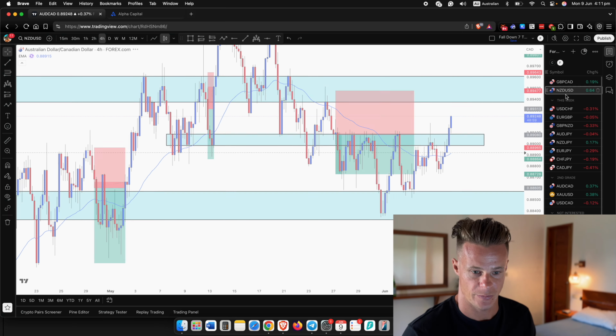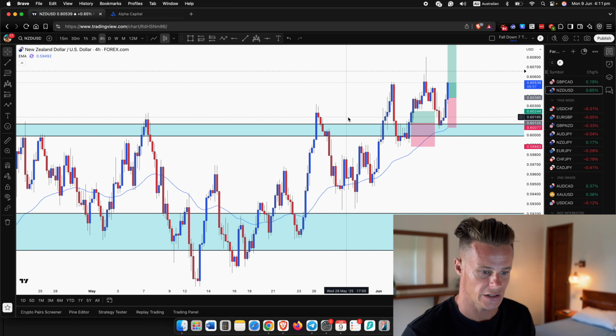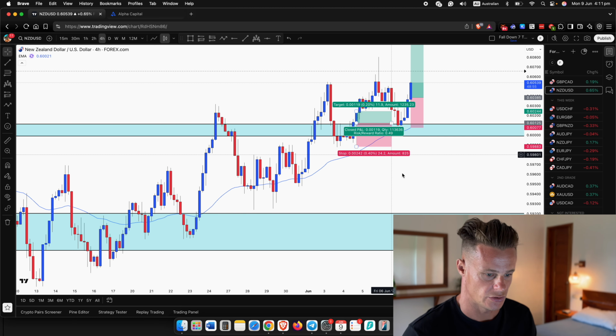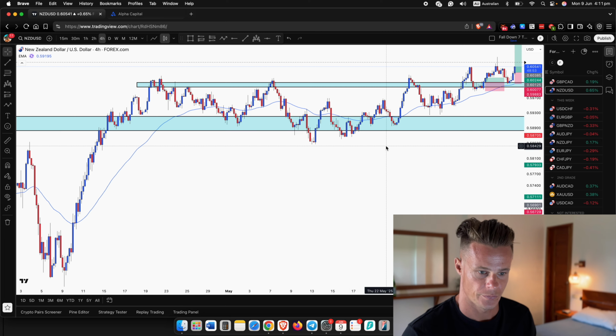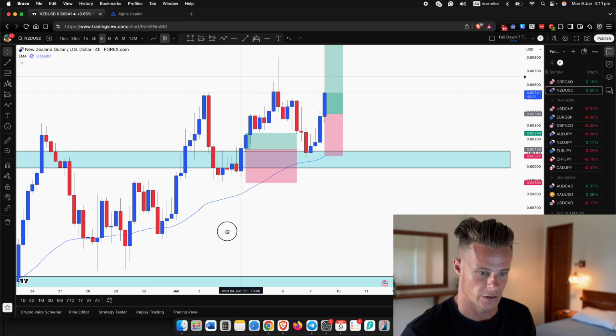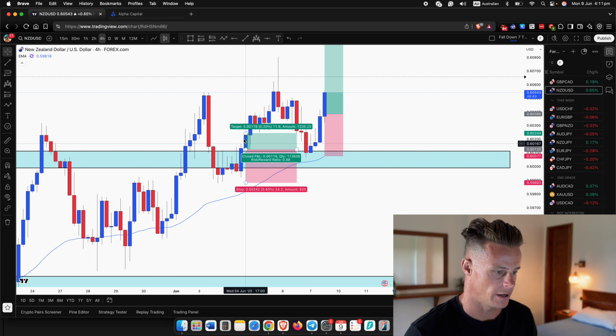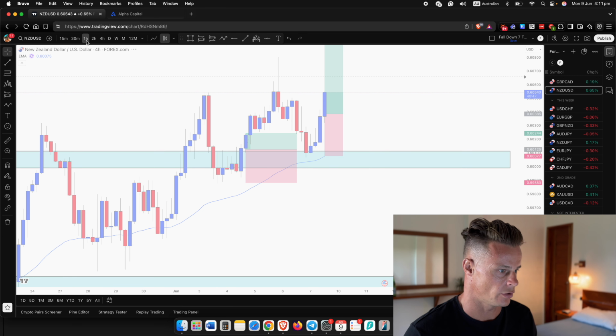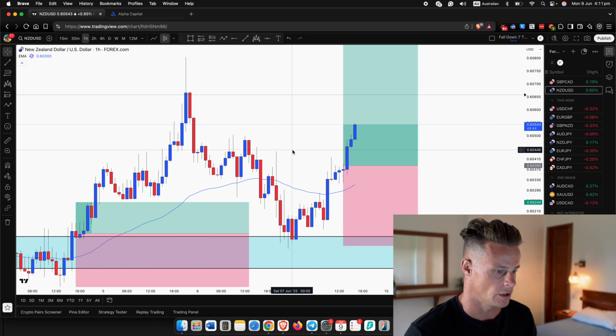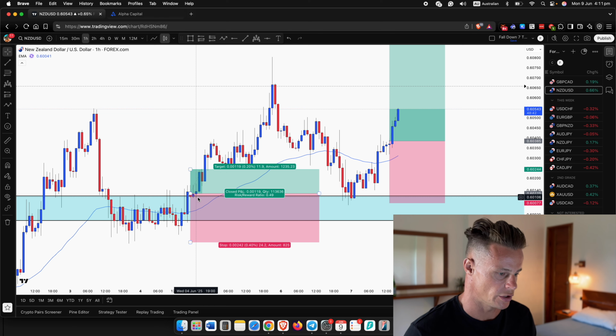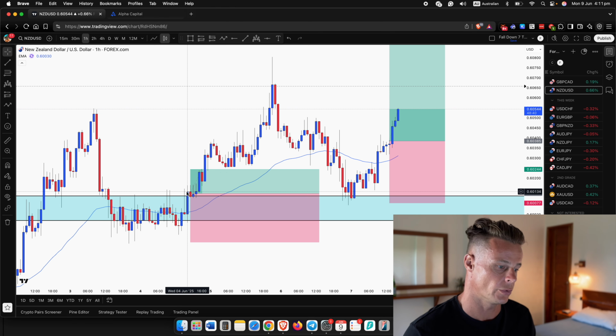The reason being is, this is the trade, by the way. Let's zoom in. This is the trade. When I entered, the 4 hour was bullish, the weekly is bullish. All time frames were just bullish, and I saw this beautiful engulfing on the 1 hour.